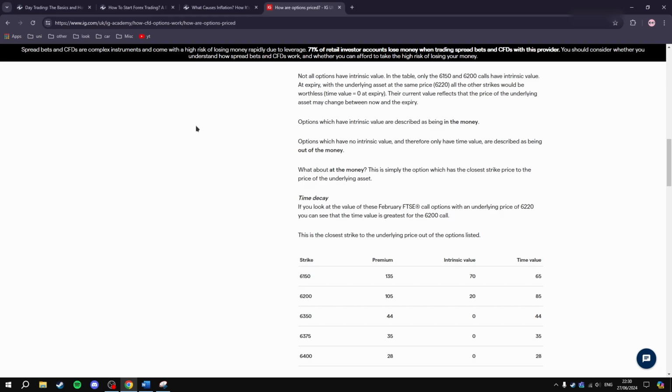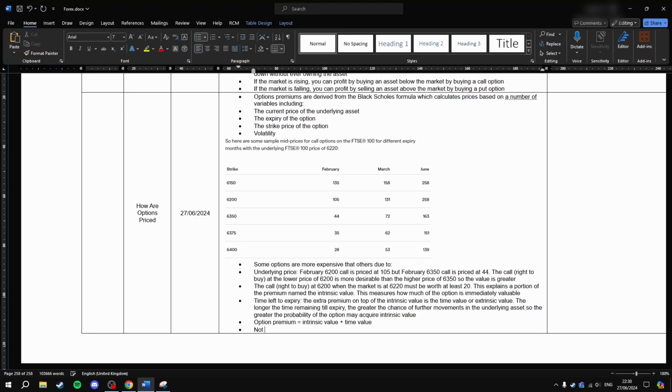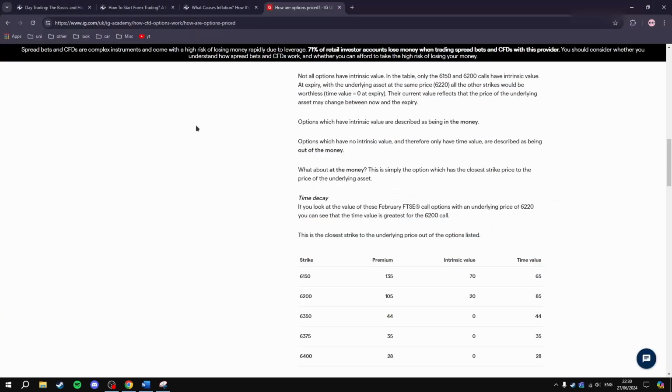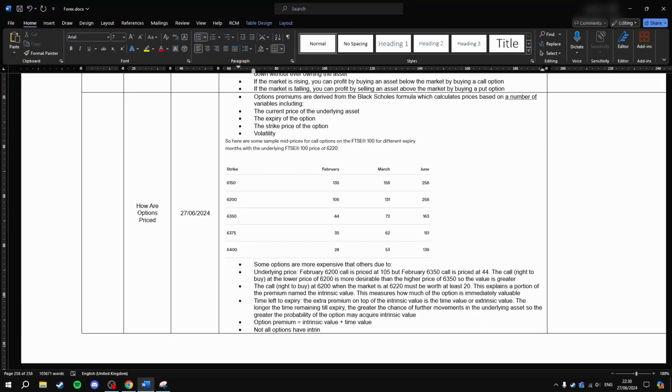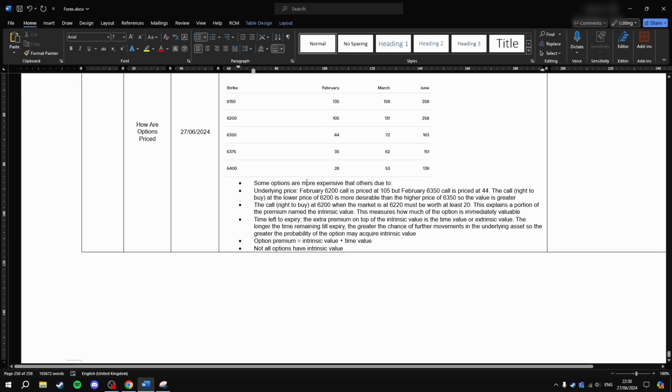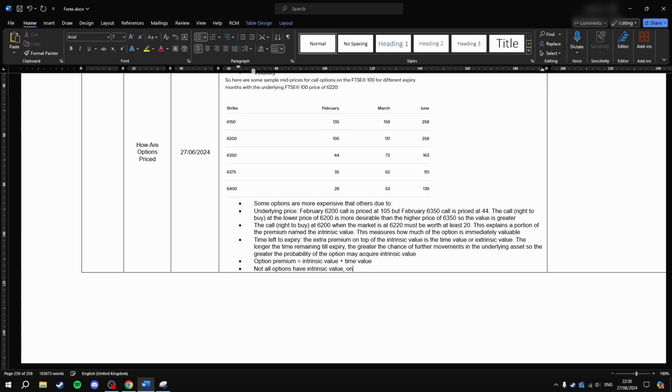At expiry, with the underlying asset at the same price of 6220, all the other strike prices will be worthless, as time value equals 0 at expiry. Not all options have intrinsic value. Only 6150 and 6200 in the table above have intrinsic value.